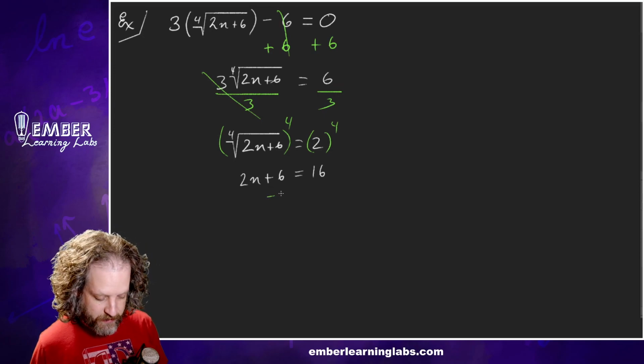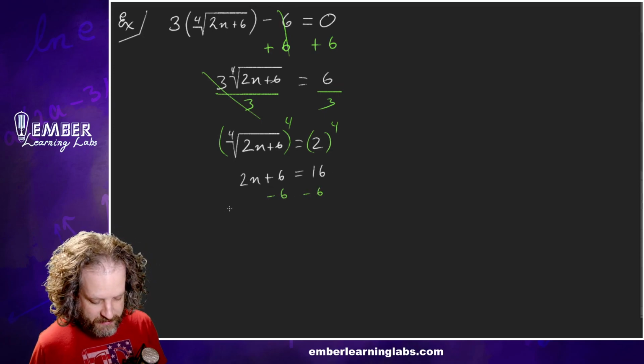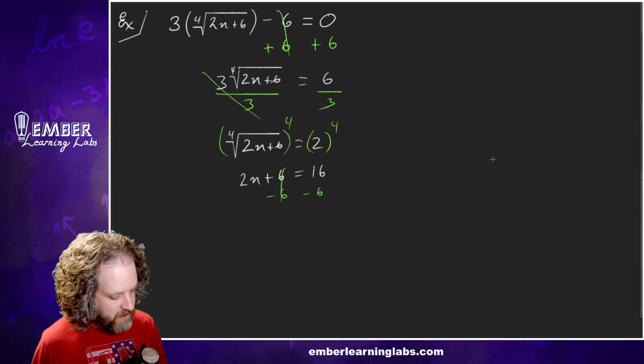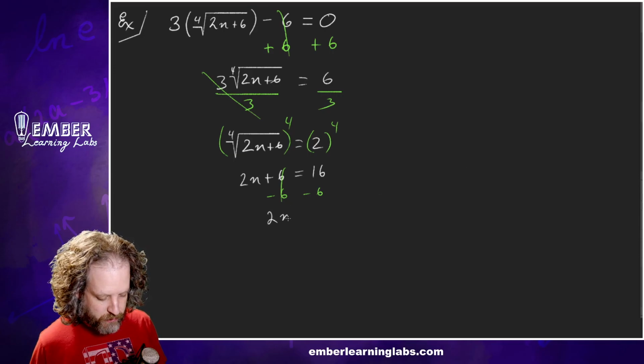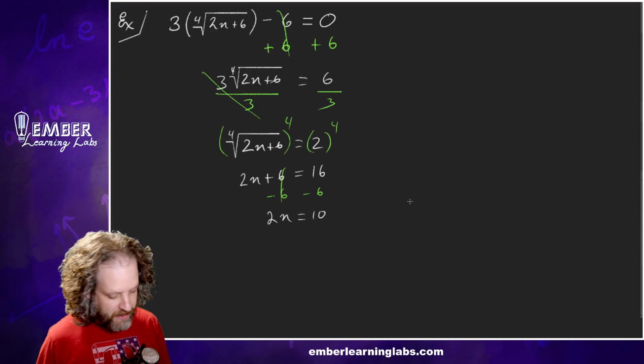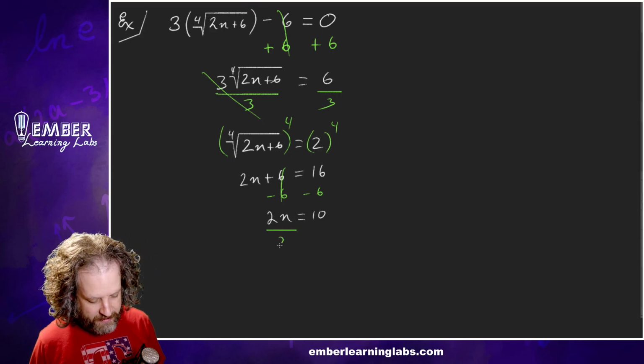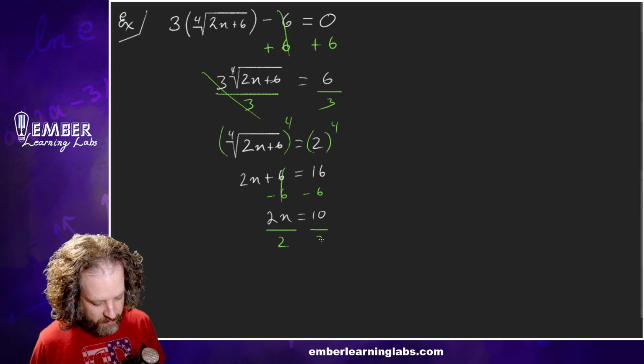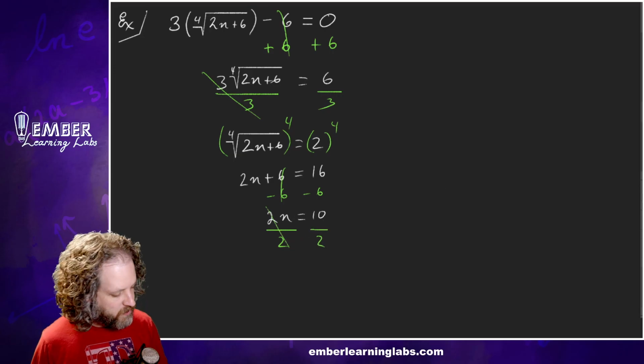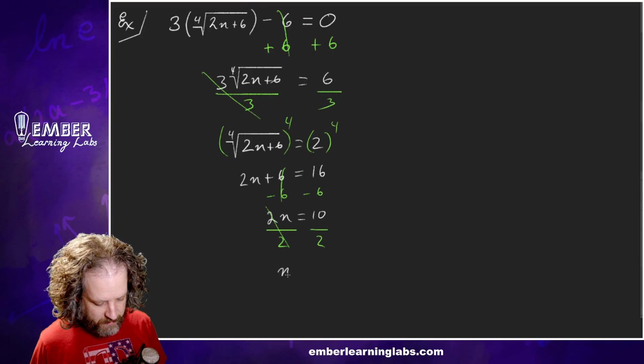It's added, so we subtract 6 from both sides. Cancels here, leaving us with 2n equals 10. The 2 is multiplied. We divide to get rid of it. 2 divided by 2. So n equals 5.